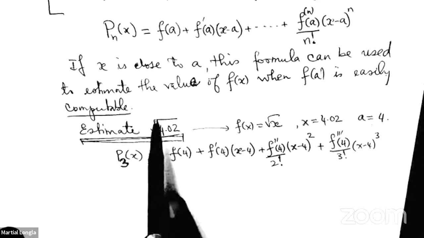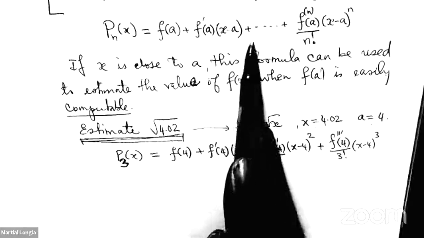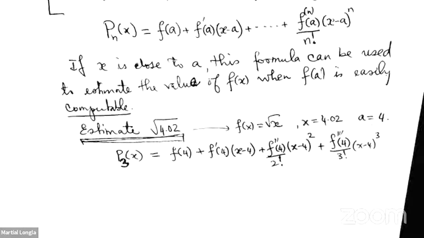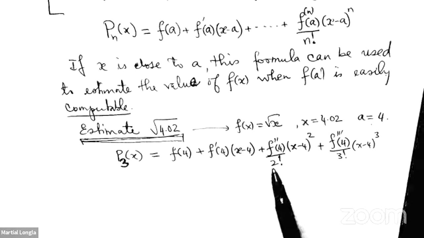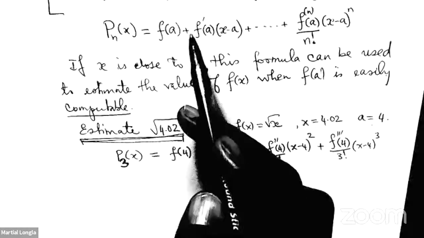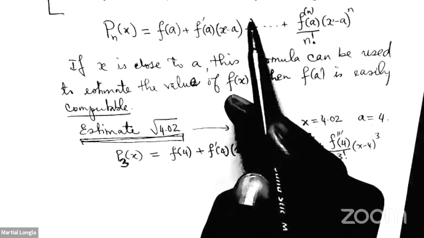That's what this formula means. So you add them all the way up, and each of the terms that is coming is over the factorial of the number of derivatives.